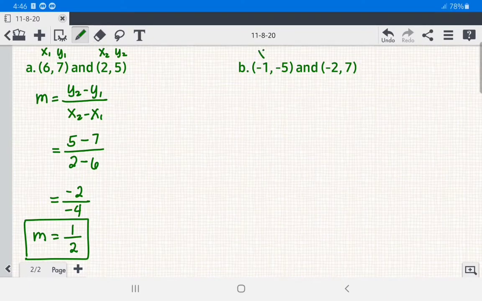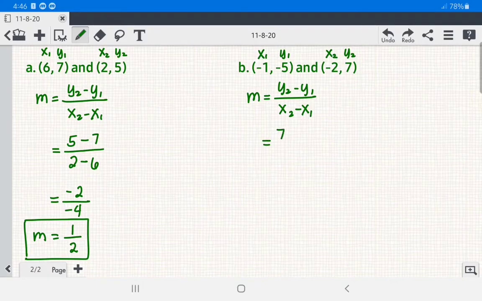Number 2: x1 is negative 1, y1 is negative 5, x2 is negative 2, y2 is positive 7. Using the definition of a slope, m is equal to y2 minus y1 over x2 minus x1. We substitute: y2 is 7 minus y1 is negative 5, enclosed in parentheses because this is a negative integer, then x2 is negative 2 minus x1 is negative 1.